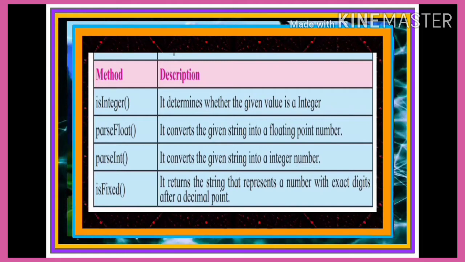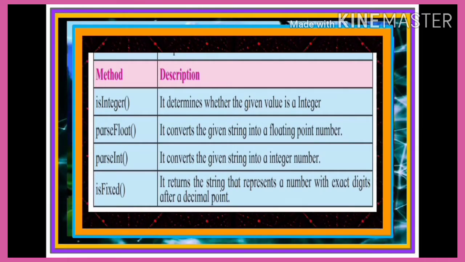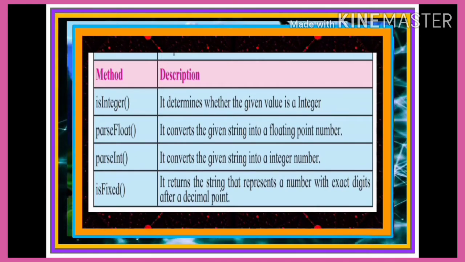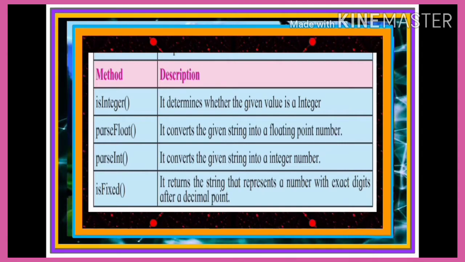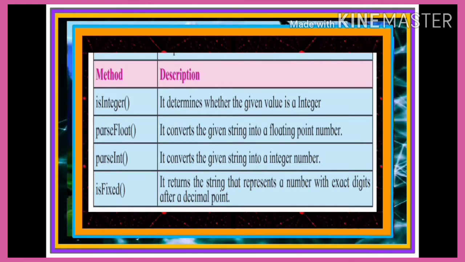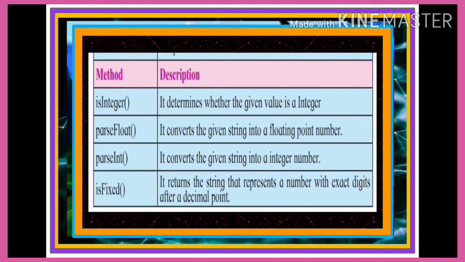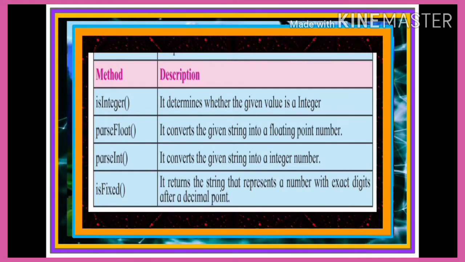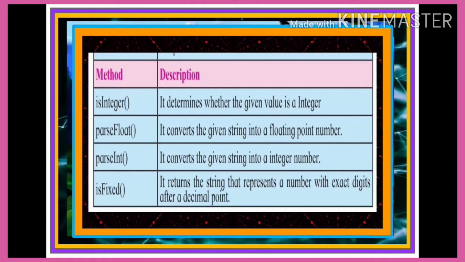This table shows the methods of the Number object. First method is isInteger, where I is capital. The isInteger method determines whether the given value is an integer. Next method is parseFloat, where F is capital. The parseFloat method converts the given string into a floating point number. Third method is parseInt, where I is capital.